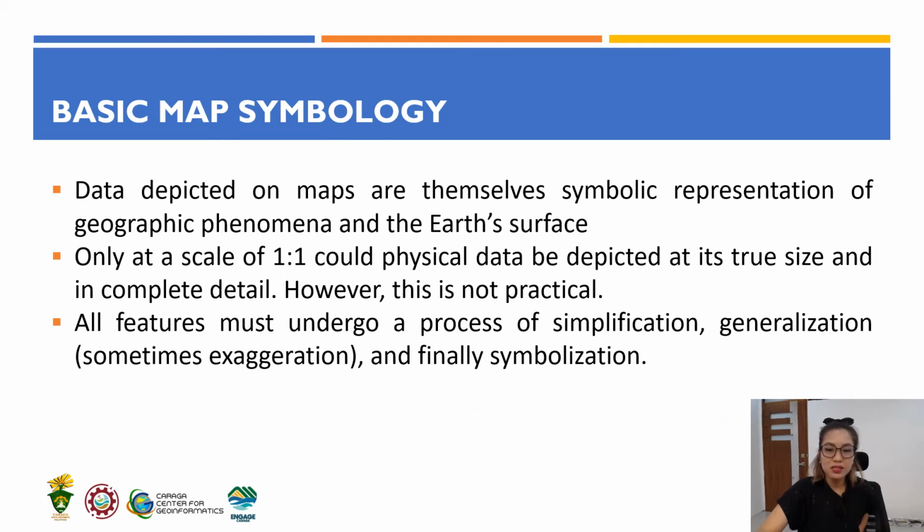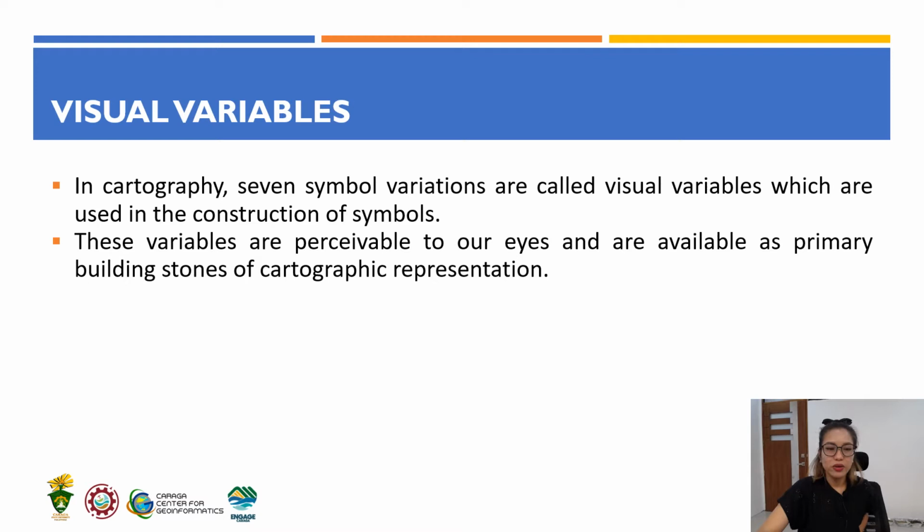And finally, symbolization. So in cartography, 7 symbol variations are called visual variables, which are used in construction of symbols. So these variables are perceivable to our eyes and are available as primary building stones of cartographic presentation.